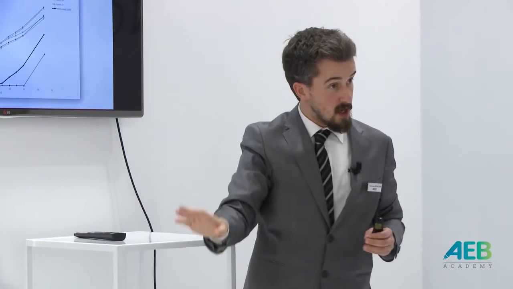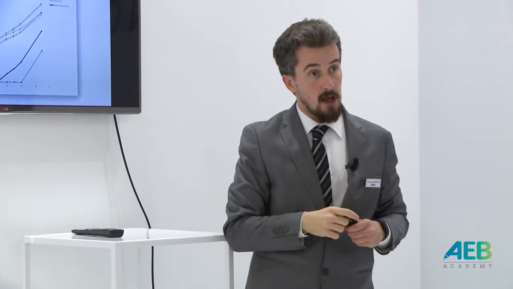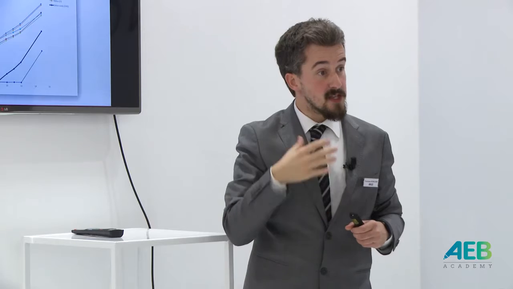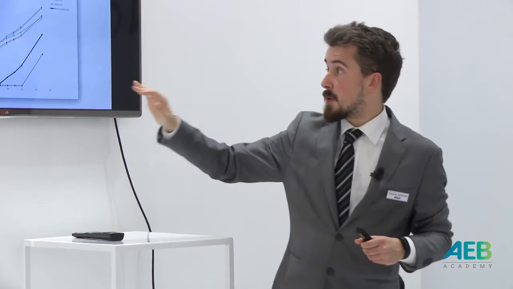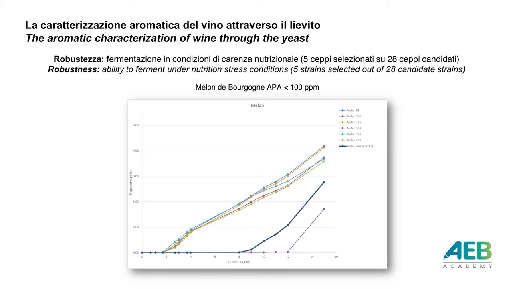I don't think you would be really happy to use a strain such as this, which has such a low fermentation rate, such a low fermentative aptitude. And this is why we did this, so that we were able to exclude these 2 strains and we were able to select these strains.